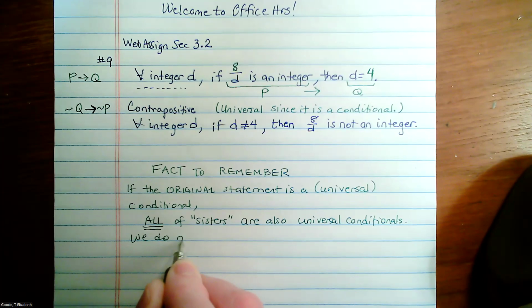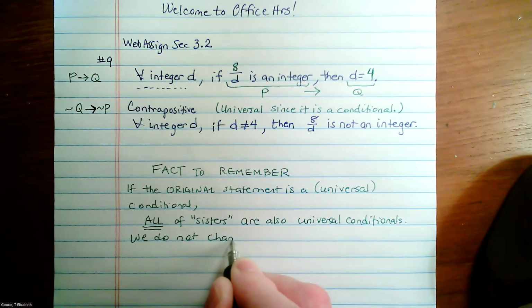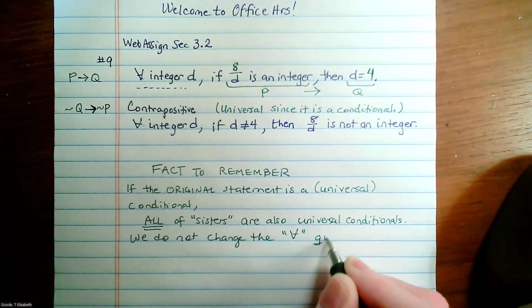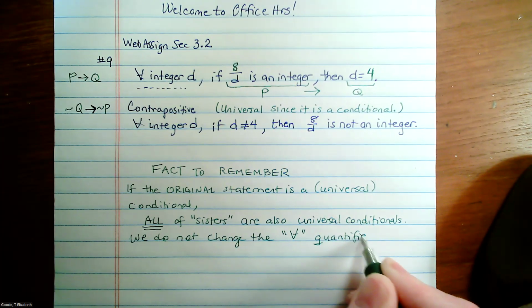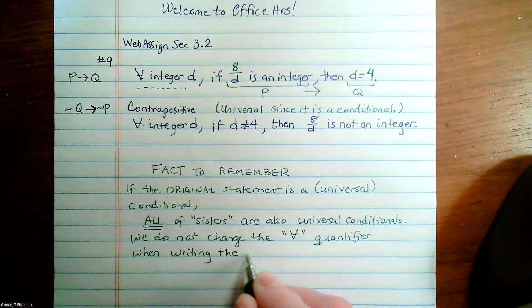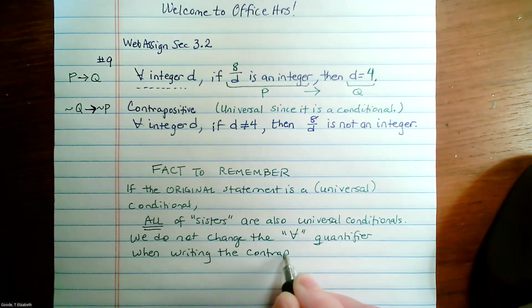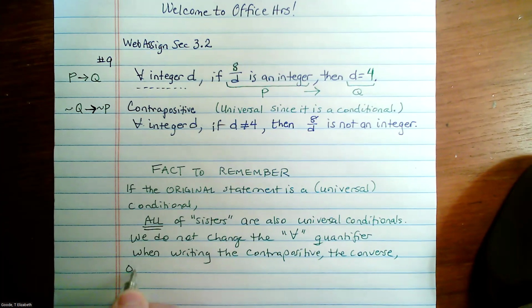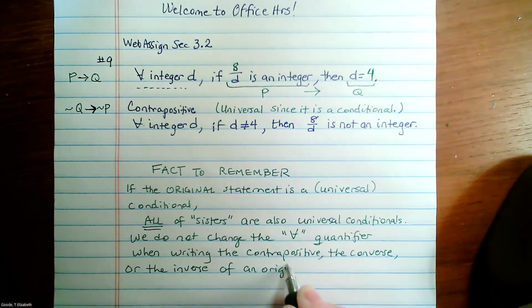We do not change the for all quantifier when writing the contrapositive, the converse, or the inverse of an original universal conditional.